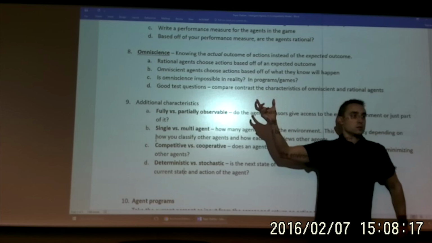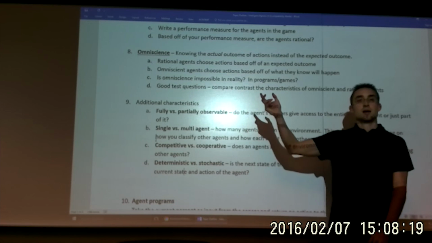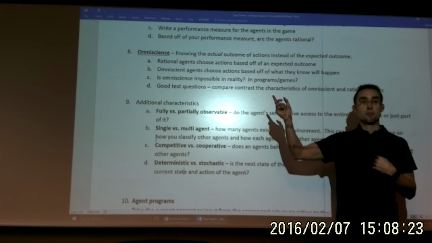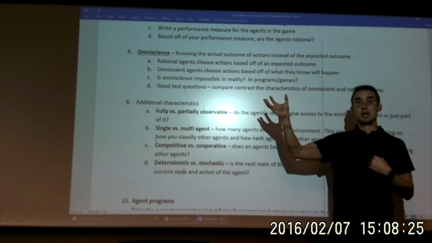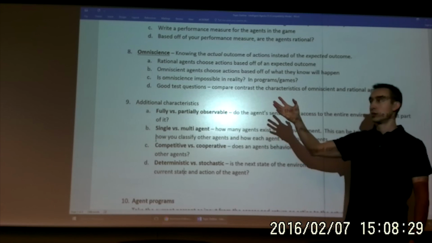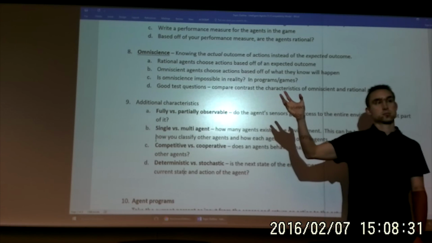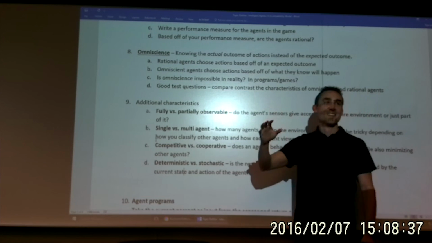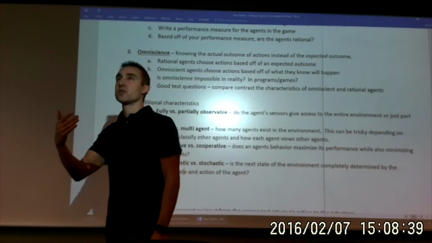If I'm holding a ball in one state, and I'm given the action of throw the ball, I can predict that in the next state, the ball will be out of my hand. Or can I? What if I get hit with the ball? The ball's out of my hand. No. Think about it this way.